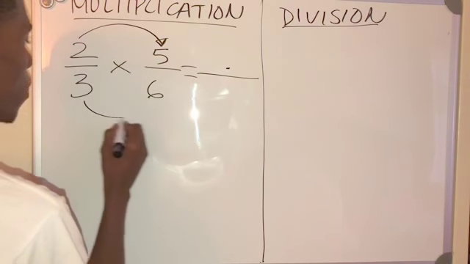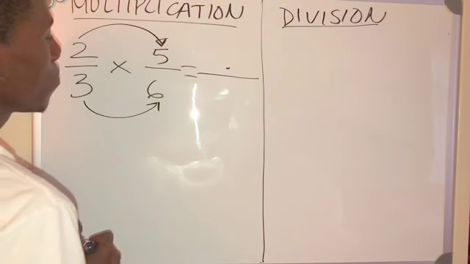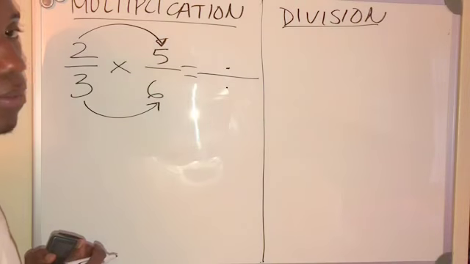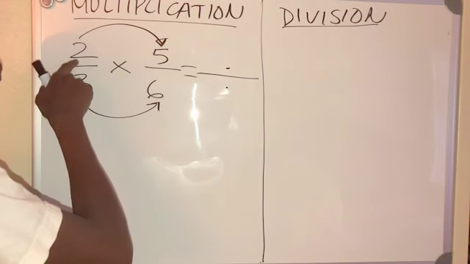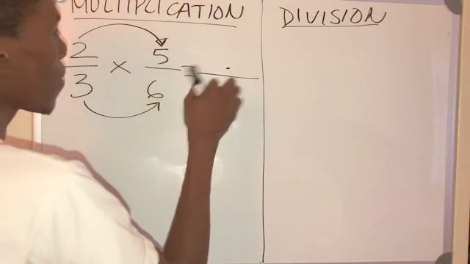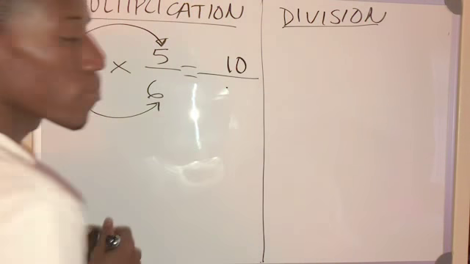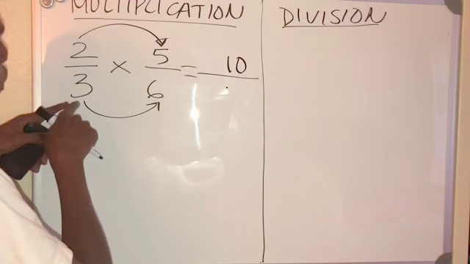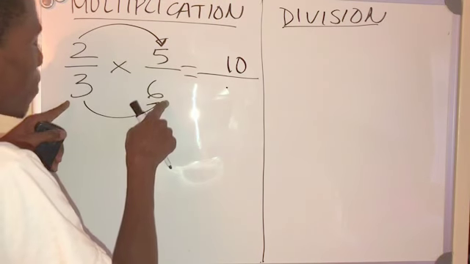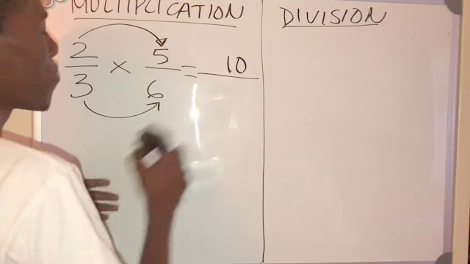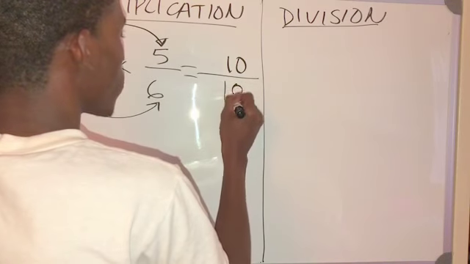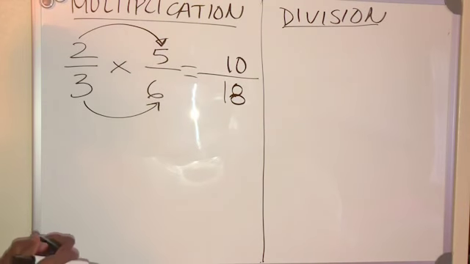You multiply the bottom and you put it in the bottom right here. So 2 times 5, that gives you 10. And 3 times 6, that gives you 18. See how easy it is?